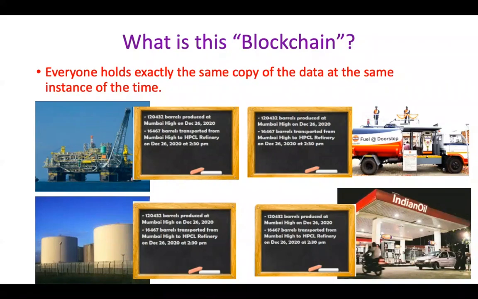Everyone holds exactly the same copy of the data at the same instance of time. So here are two terminologies: one is data, another is instance of time. Time and data should be maintained. When there is an information exchange between the nodes, that shared information should be checked whether it is outdated or updated information.